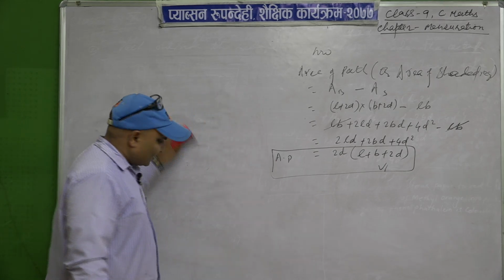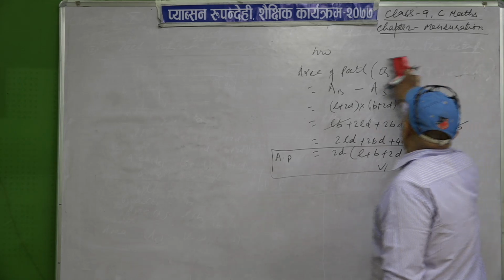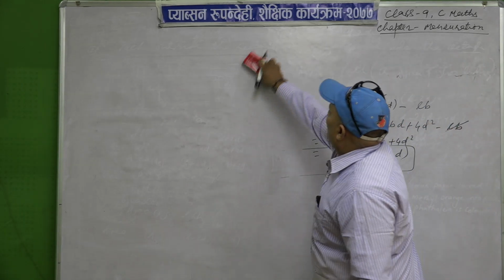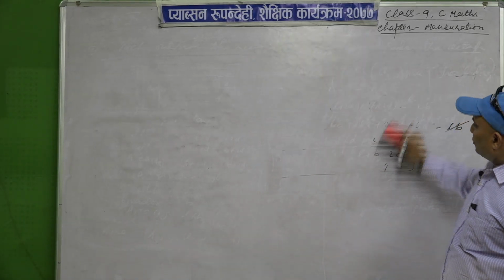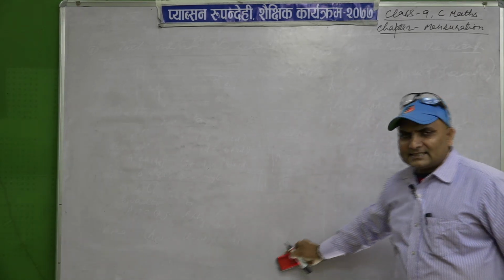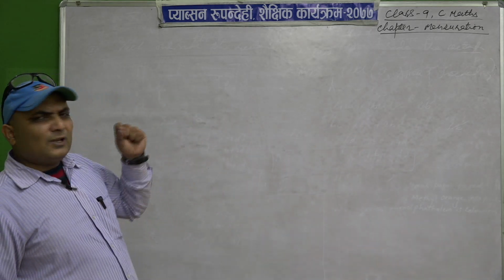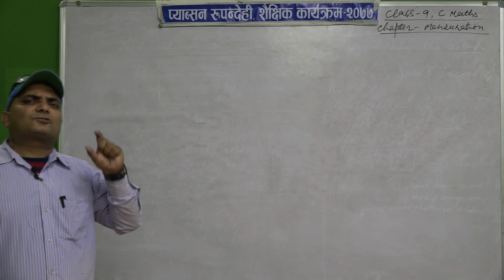A formula makes our calculation very easy, but it is not necessary to always remember the formula. If we know the concept, you can solve the problem yourself, either in detail or by using the formula, but the formula is only a way to make it short.